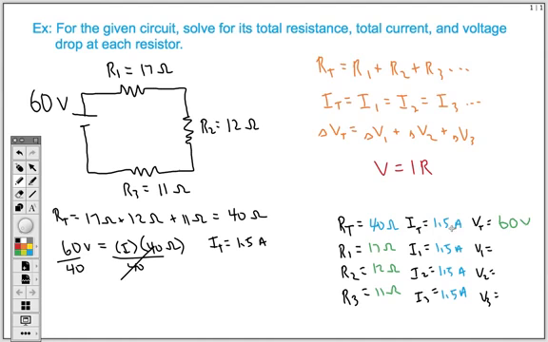Okay. So to find this first voltage drop, we're going to be using our 17 ohms and our 1.5 amps. And with our equation, it's very simple. We're just going to multiply these two because it's going to be our current times resistance. Okay, so V1 is going to equal our 1.5 amps times our 17 ohms, and that's going to give us a voltage of 25.5 volts.